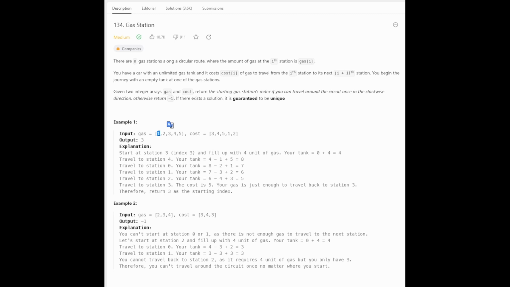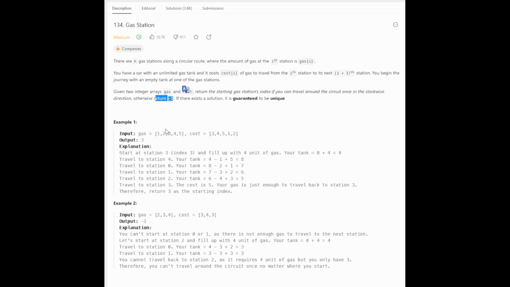If I can, great, I found my answer. If I can't, let's try this one. Try to make a loop. If it doesn't work, try the next one, and the next. And if nothing worked, return -1, meaning there was no valid starting index.